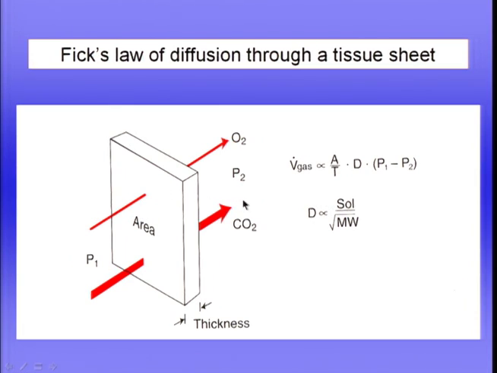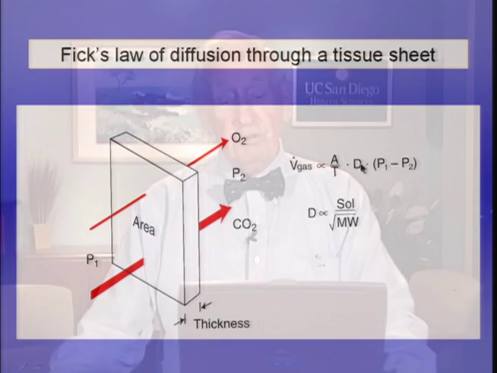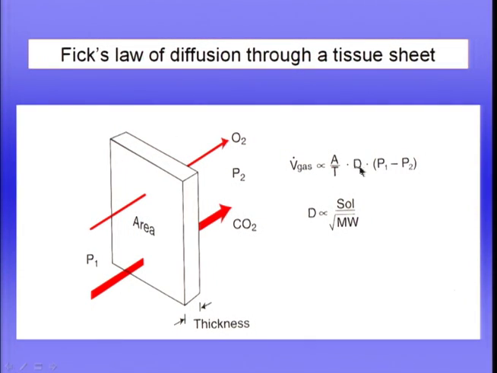Well, that makes sense, because the larger the area, the more opportunity the gas has to get into the sheet and move across it. Inversely proportional to the thickness, and again that makes sense, because clearly the thicker the barrier, the more obstruction there is to the passive diffusion through it. Proportional to a diffusion constant called the diffusivity, which we'll deal with in a few minutes, and also proportional to the difference in partial pressure, P1 minus P2, across the barrier.